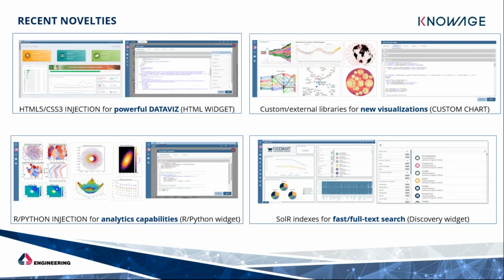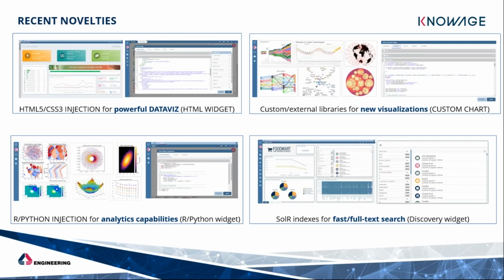Then you can also do injection of R and Python code in order to empower your analysis, your data. You can do this by using R and Python. So if you know these two languages, you can use them in order to create new widgets.